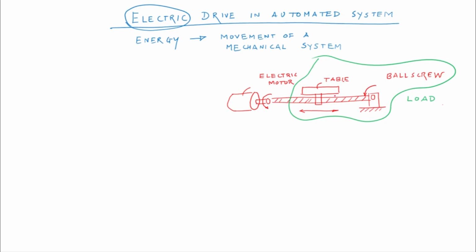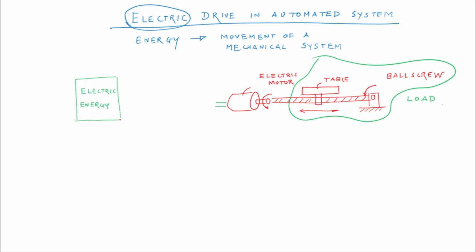So there is a motor, and there is a load on the motor. Now how will the motor operate? To operate this motor, we need energy. We need an energy source, and that energy source is electric energy.